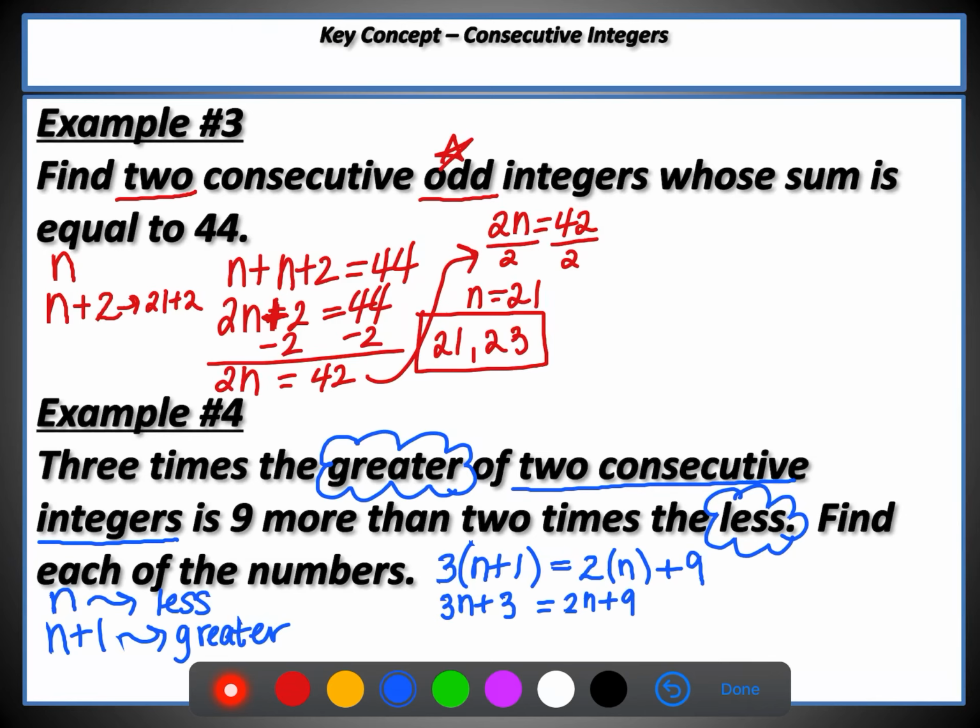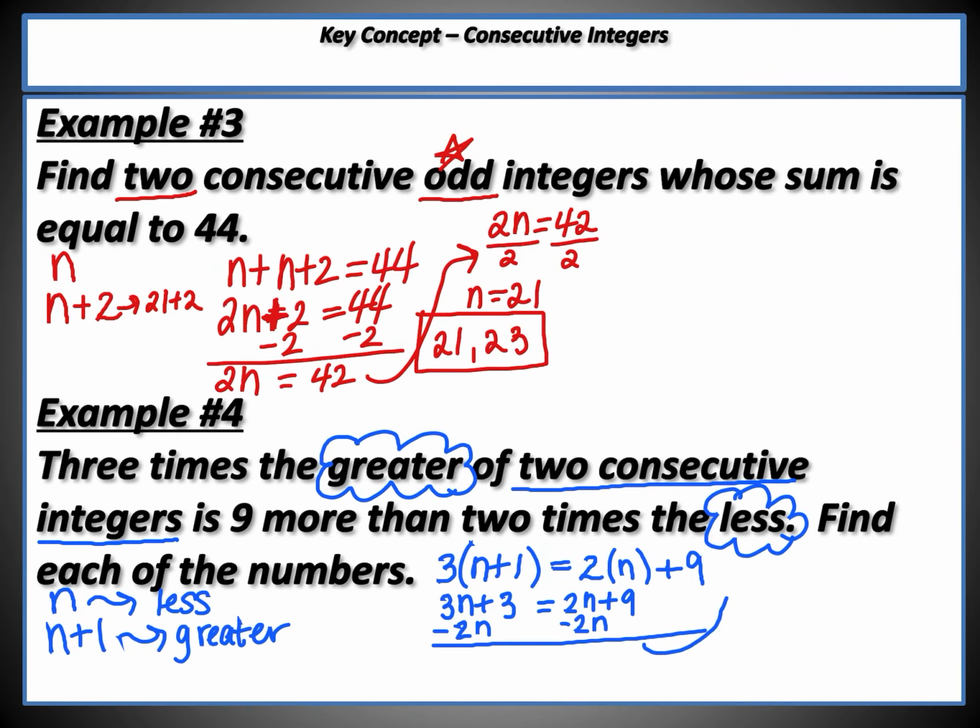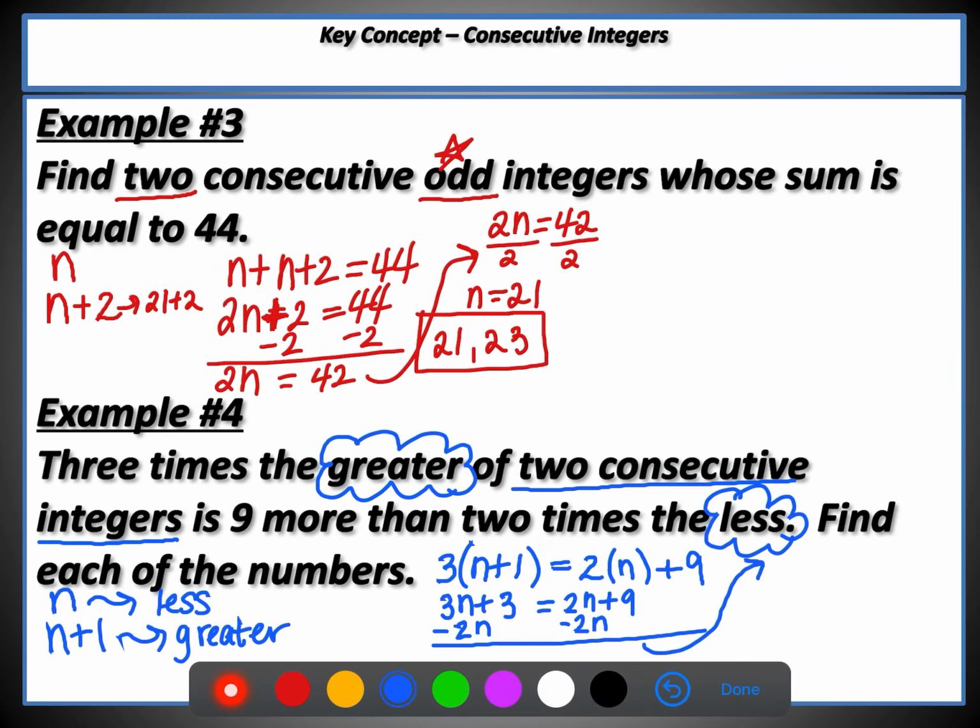Okay, I'm going to move my smaller variable. Okay, so we get our n, our first number, which is 6, which means that n plus 1 has to be 7.